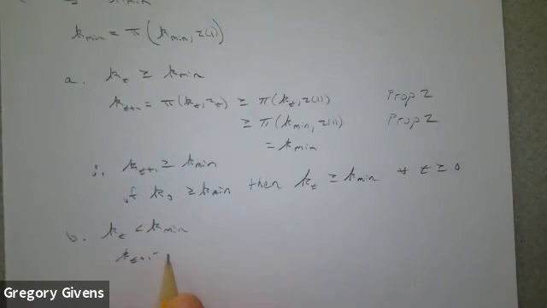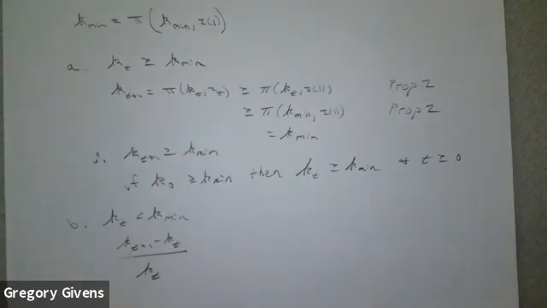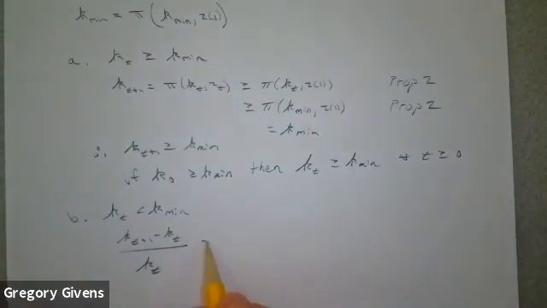Notice that the growth rate of the capital stock, so KT plus 1 minus KT divided by KT, can be written as pi of KT ZT over KT minus 1, because KT plus 1 is just pi of KT ZT.